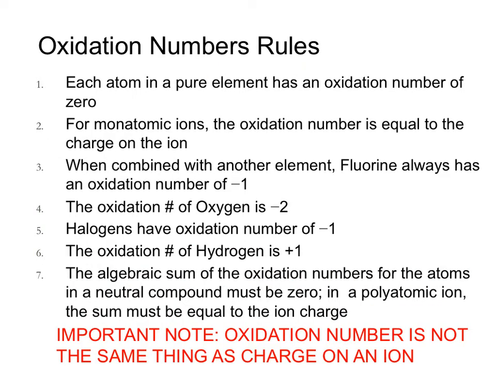In order to identify the reactants which have been oxidized or reduced in a reaction, or to even know if a redox reaction has occurred, we must be able to identify the oxidation numbers of all reactants and products in a reaction. To do so, we will use the following sets of rules. We'll go through these one by one.